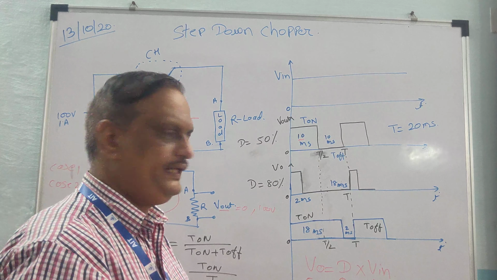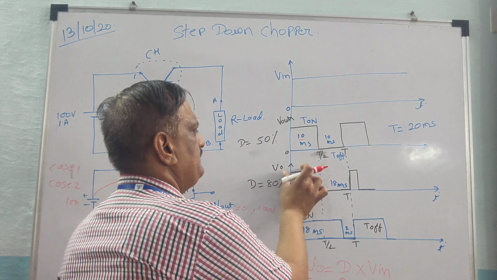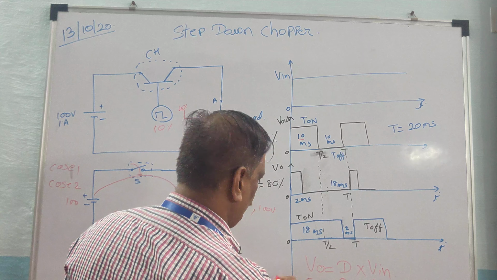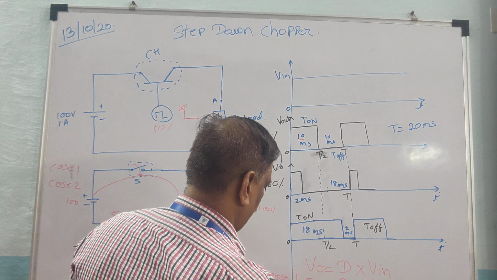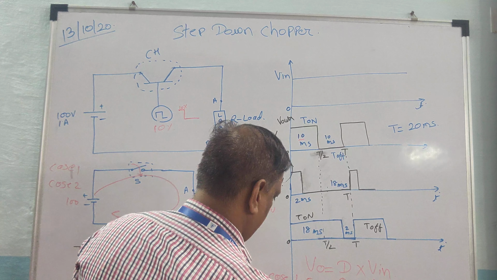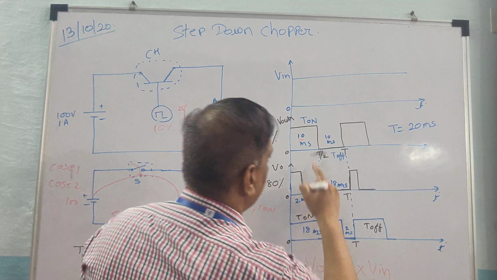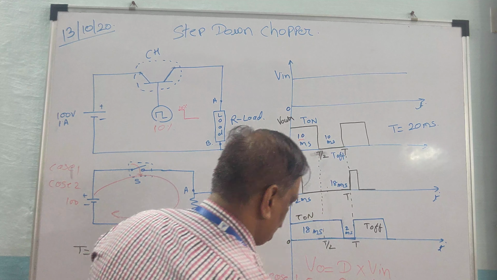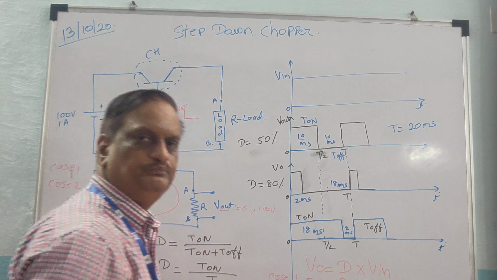So what will happen? In this case the output voltage is reduced. In case number 2, my output is 10%, that is 0.1 multiplied by 100, so it is equal to 10 volt.